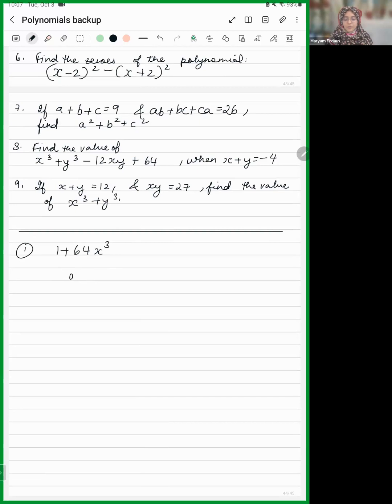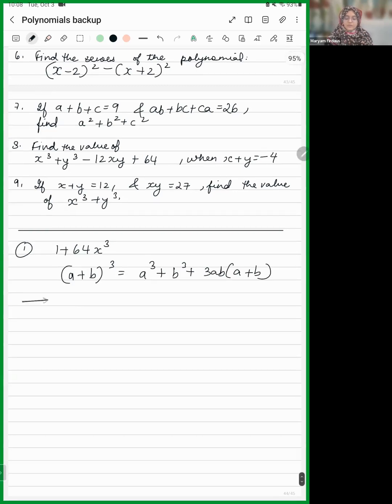Okay, a plus b whole cube is equal to a cube plus b cube plus 3ab into a plus b. Then now what do we do? Then I just put the values of 1 and 64 into these. Okay, what should I write in the next line? You tell me that.